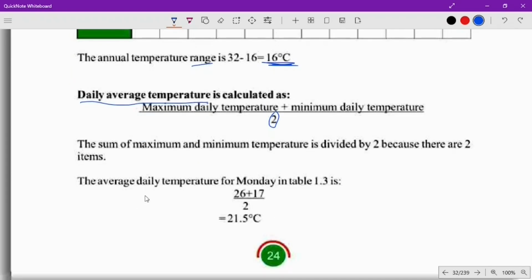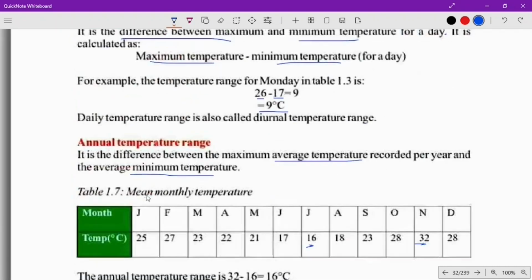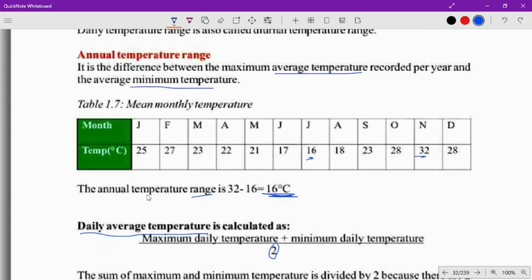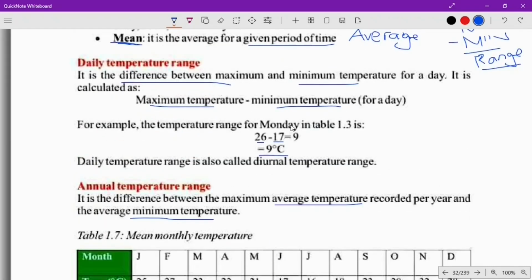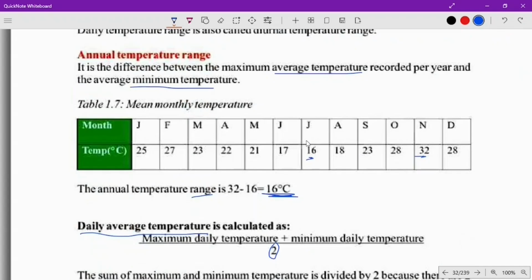In this case, for Monday, on this table, the table is on the previous page. So we are given these temperatures, 26 plus 17, we get 21.5 degrees Celsius, like this one. So we say 26 plus 17 divided by 2.